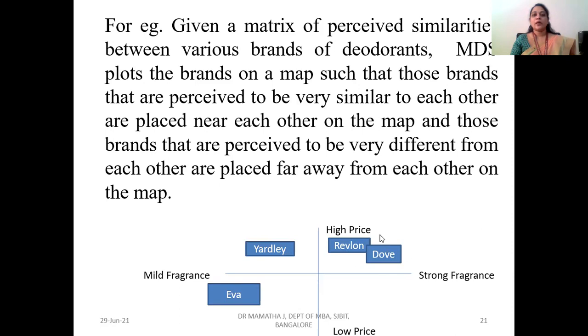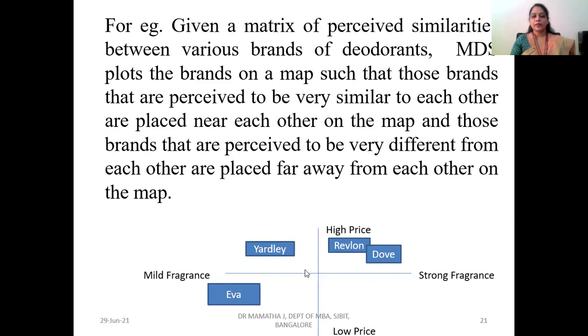You can have a mapping with an x-axis and y-axis. On the x-axis you can measure fragrance, and on the y-axis you can measure price. Now present the four brands in front of the respondents. Respondents are going to mark these brands wherever they feel, mapping them on these axes. In this you can see they feel Eva's price to be very low, and the fragrance is also very low.